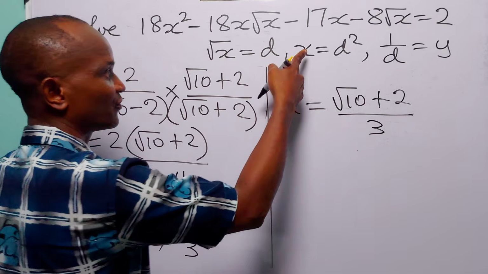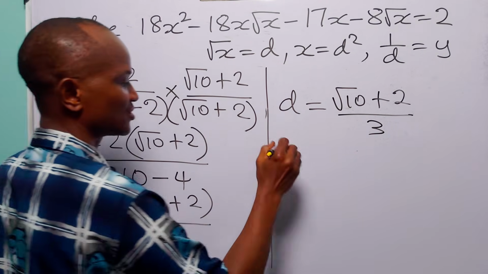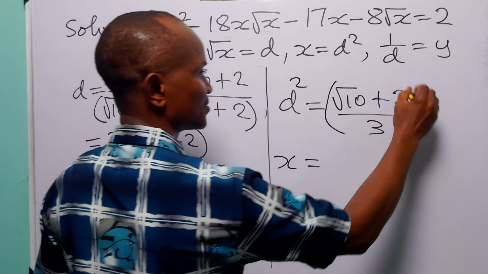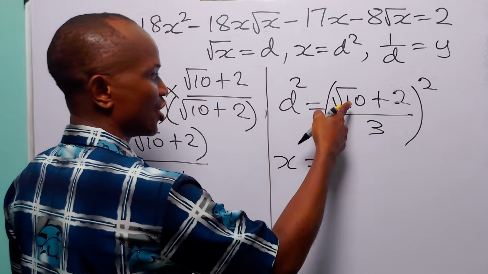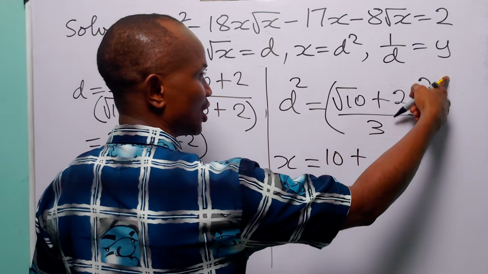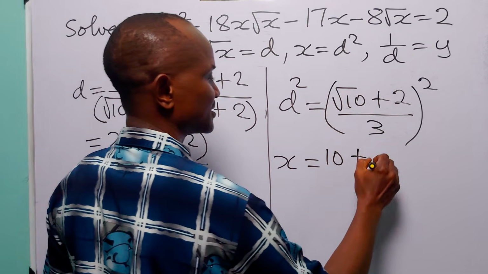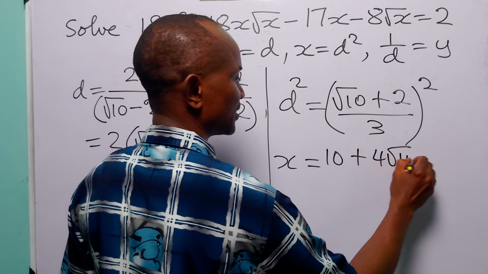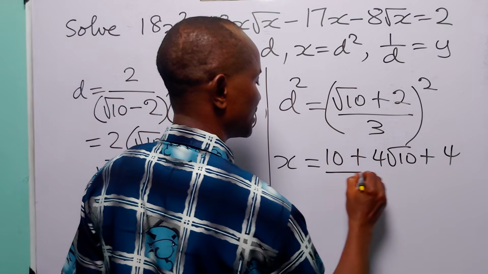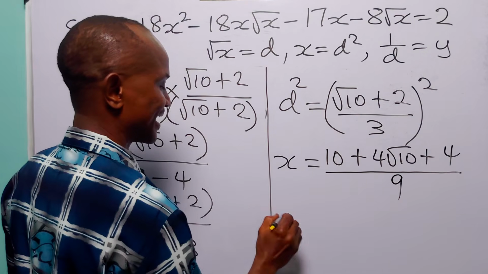And finally, to find the value of x, we take the square of d. So x is equal to d squared. So we square this. Root 10 squared is 10, plus 2 times root 10 times 2, that is 4 root 10, plus 2 squared, which is equal to 4, divided by 3 squared, which is equal to 9.